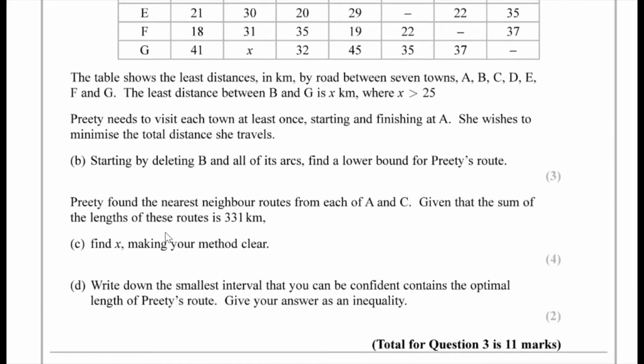Now for part C, Pretty found the nearest neighbour routes from each of A and C. Given that the sum of the lengths of these routes is 331, we have to find x, making your method clear.